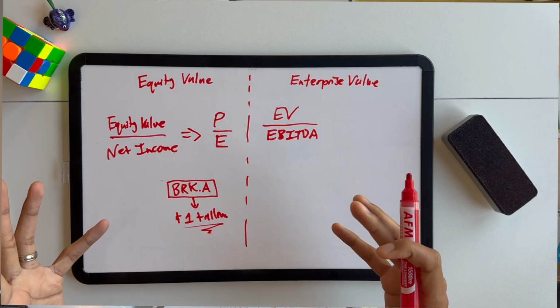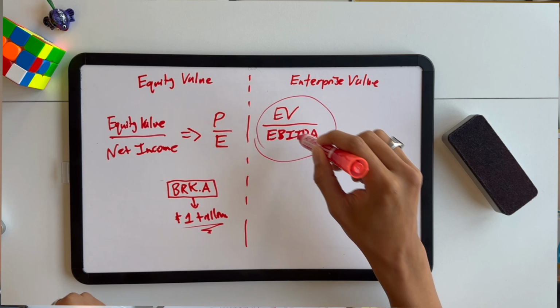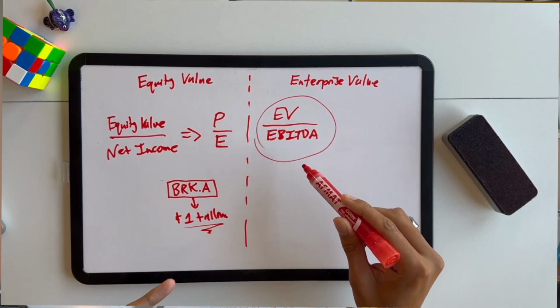Taxes are non-operational, interest is non-operational, and depreciation and amortization are non-cash expenses. So it's looking at the big picture, and that's why, as investment bankers, we really like to use this valuation metric.